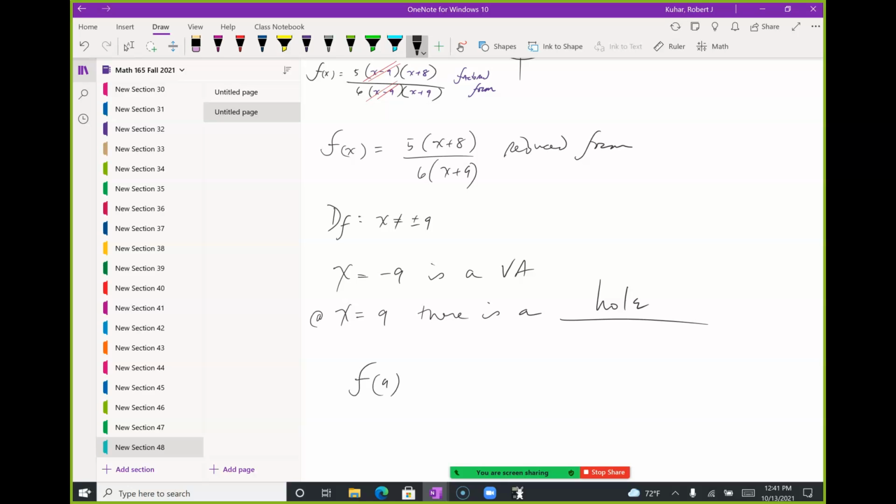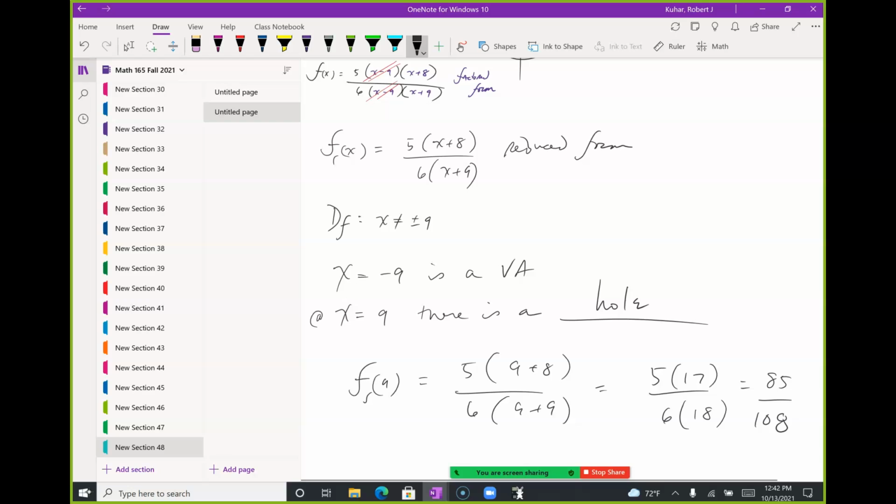So I'll call this guy little r. So that's 5 times 9 plus 8 over 6 times 9 plus 9. So 5 times 17 over 6 times 18. So there's a hole at, don't tell me, 85 over 108.